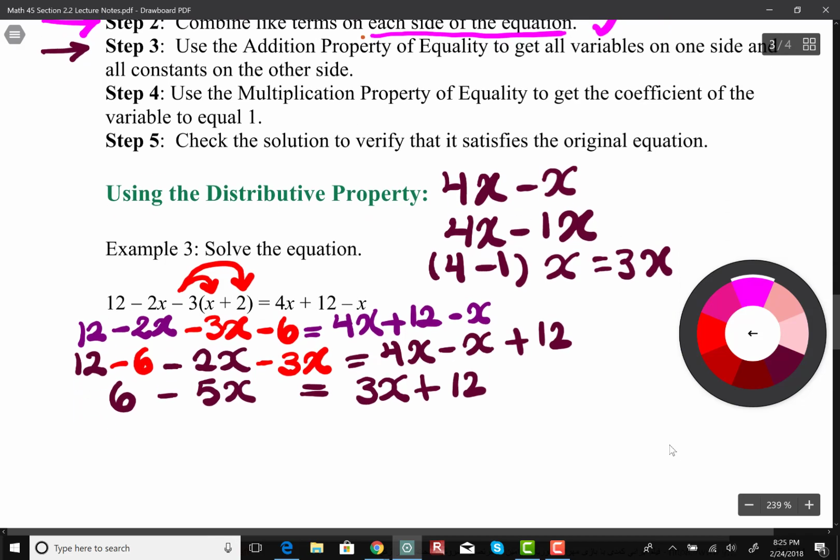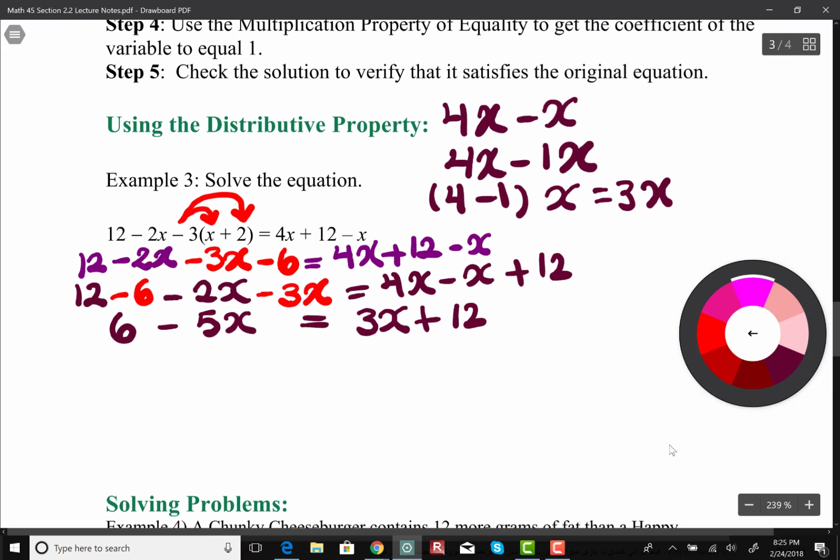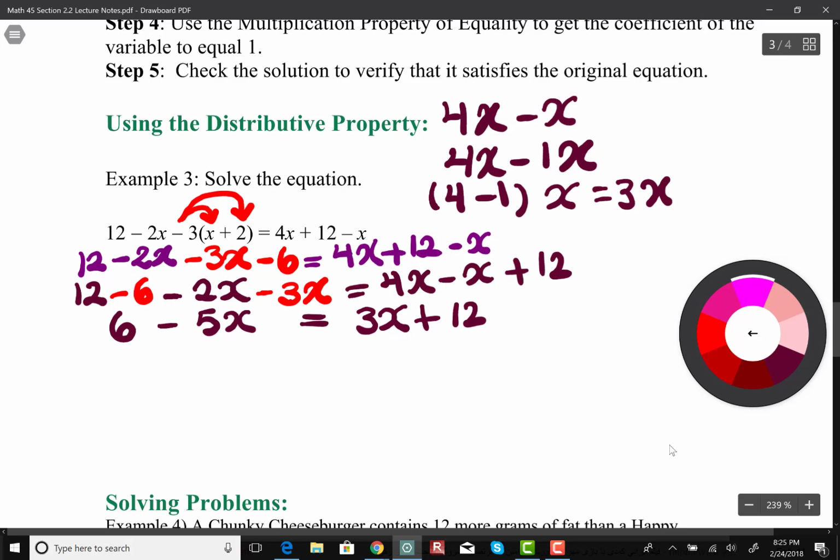Now for addition property, we could either add 5x to both sides, so we could keep the x's on the right side. This way our coefficient of x is going to be positive. Or we could subtract 3x and leave it on the left side, and the coefficient would be negative.